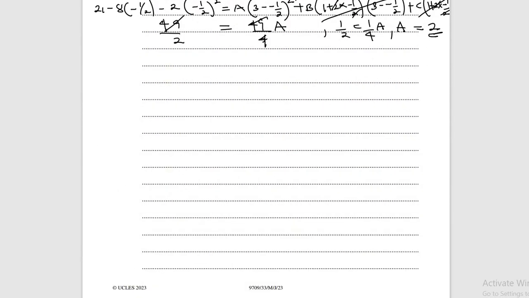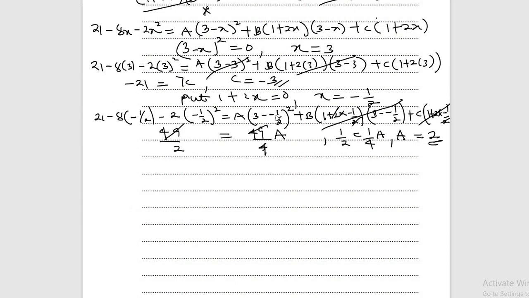Okay, so the next one, we have some space. Now we have A to be 2, C to be minus 3. We need B. To get B, this is what you do. 21 minus 8x minus 2x squared. Now I know A to be 2, whenever I see A, put 2. And 3 minus x squared, expand it.